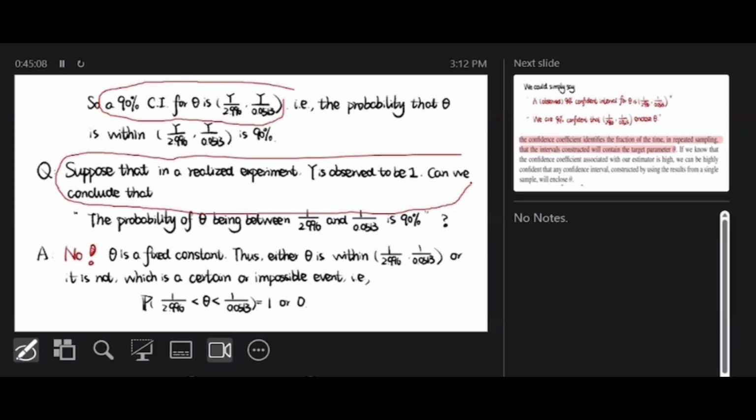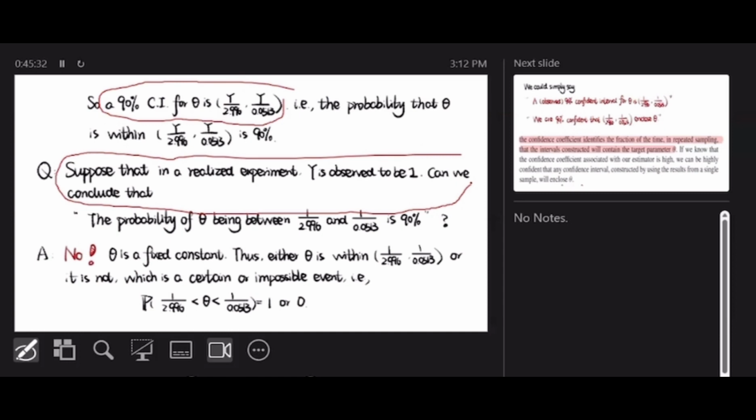So now let me tell you this. It's 50-50. It can be in it or not. When something is 50-50, that probability is not high. It is not as if it can't be within the interval, but the probability to guarantee is 50-50.